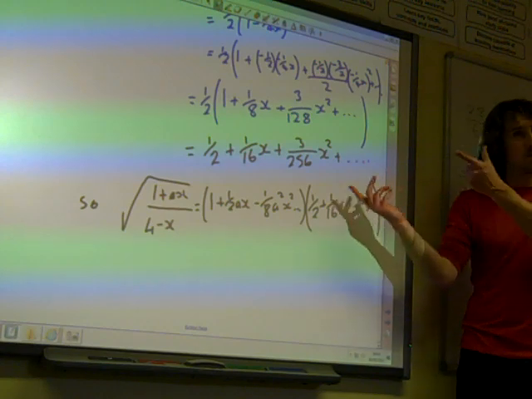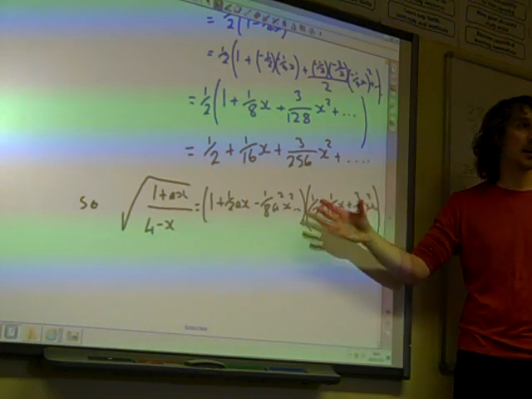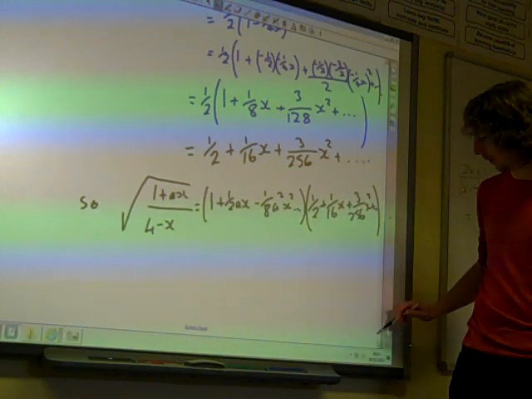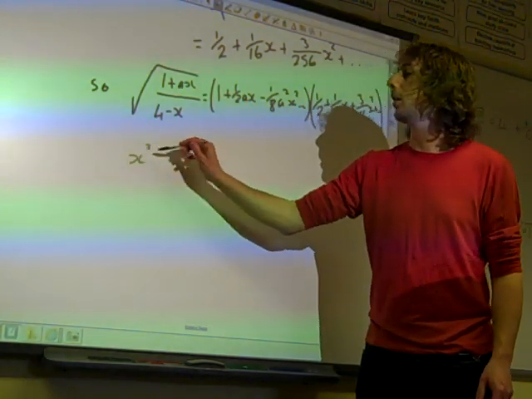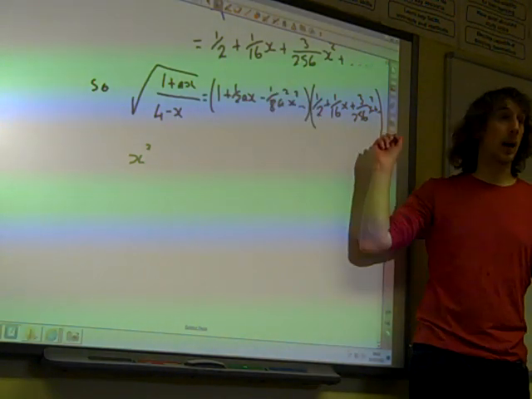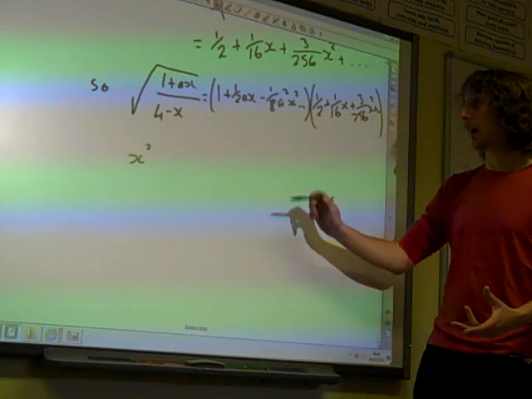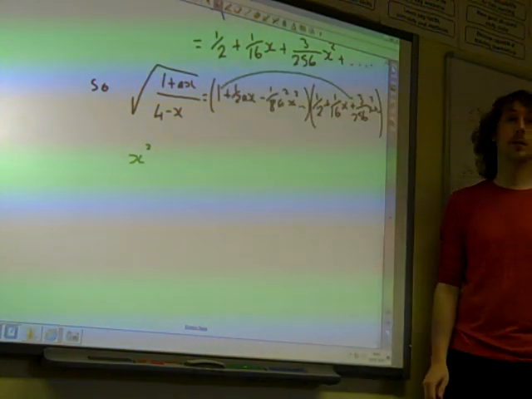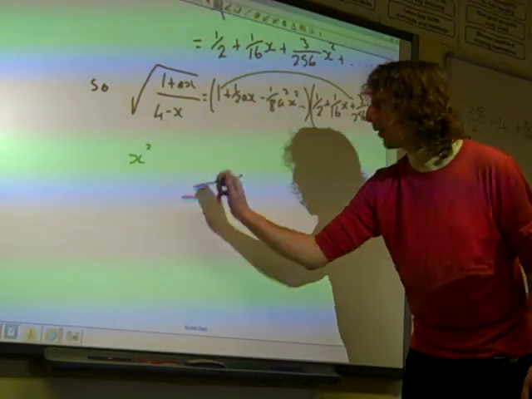Now, it almost feels, having got this far, that I actually want to finish this off properly by writing out the full thing, but the question said just to find the coefficient of x squared in all of this. So all I care about is the coefficient of x squared. If I'm multiplying these two brackets together, how can I make x squared? I can do it by doing 1 times the x squared term over there. So that would give me 3 over 256.